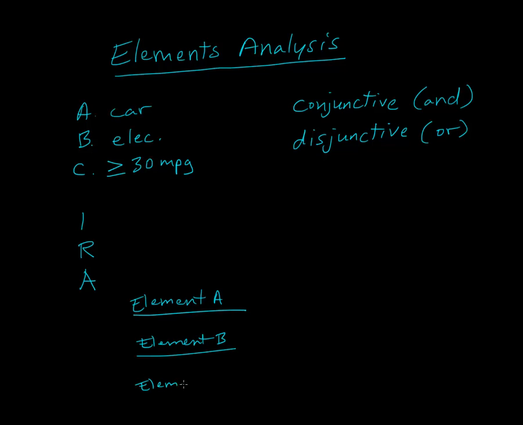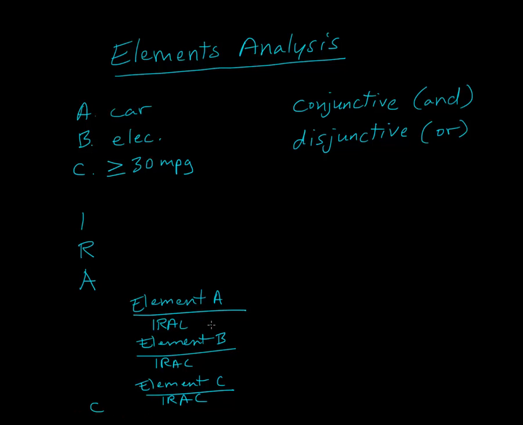Or however many elements you have. And then we analyze each element individually using the IRAC formula for each one. So each element gets its own sub-IRAC. Okay, and then we give our conclusion.